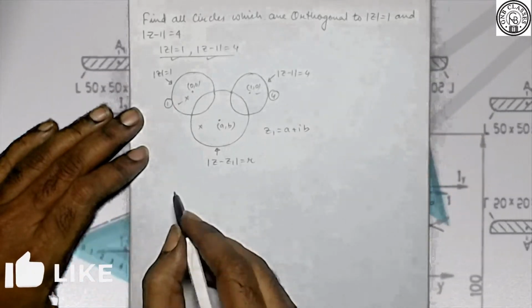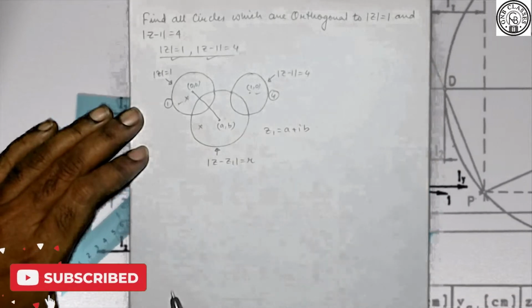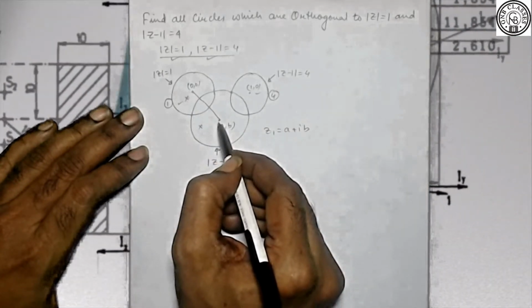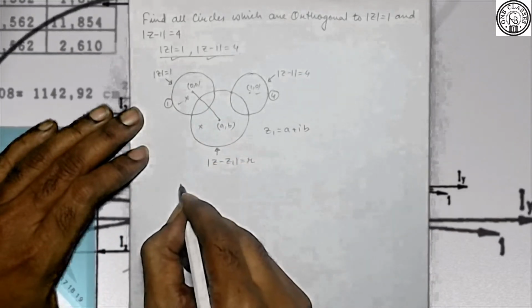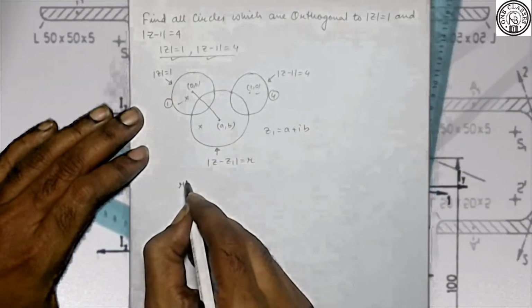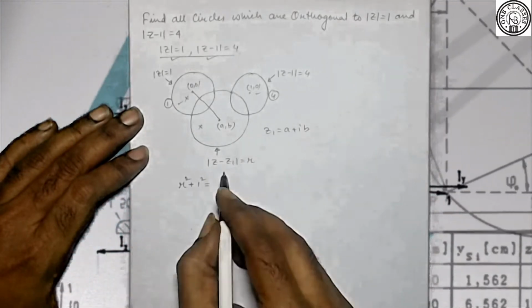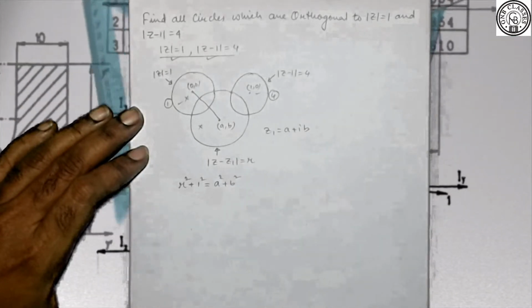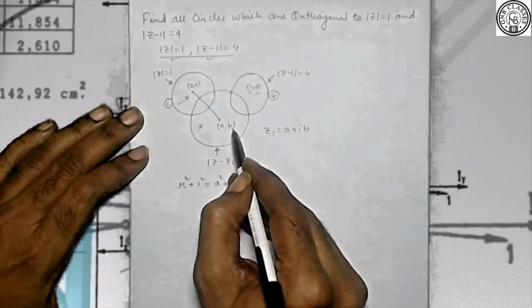So we can write that the square of the distance between the centers will be equal to the sum of the squares of their radii. So r square plus 1 square is nothing but a square plus b square in this case. The distance between these two centers is under root a square plus b square.